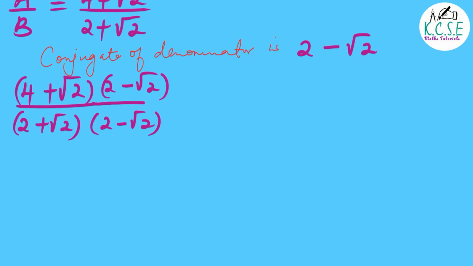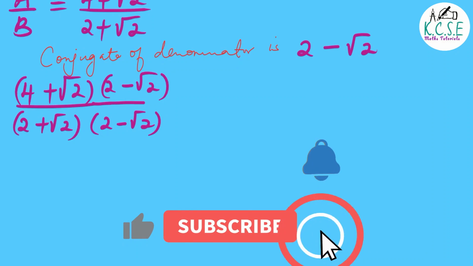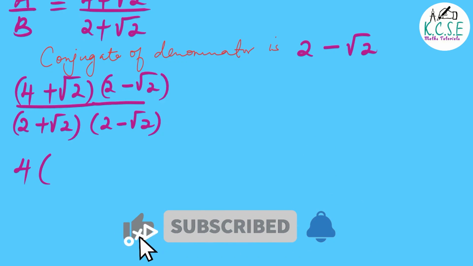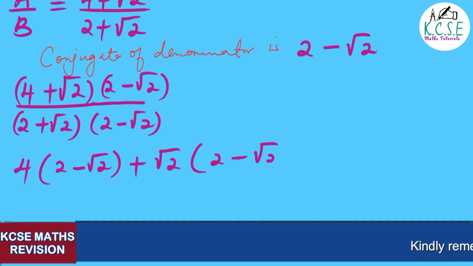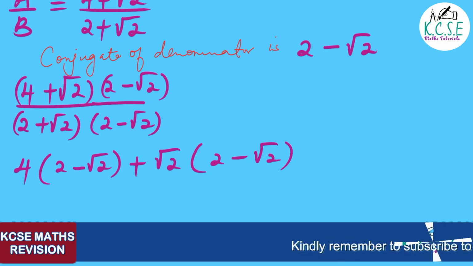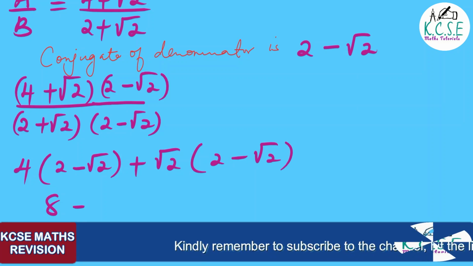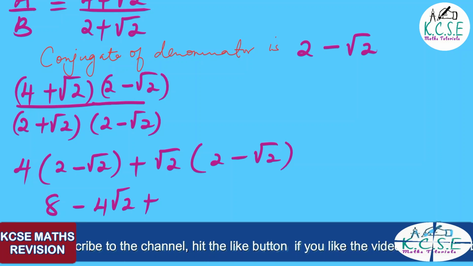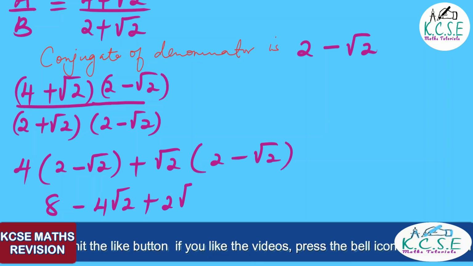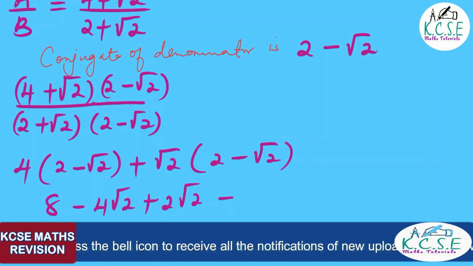Let's begin with the numerator: 4 plus root 2 times 2 minus root 2. Opening the brackets, 4 times 2 is 8, 4 times negative root 2 gives negative 4 root 2, plus root 2 times 2 gives 2 root 2, then root 2 times negative root 2 gives negative root 4, which is 2.